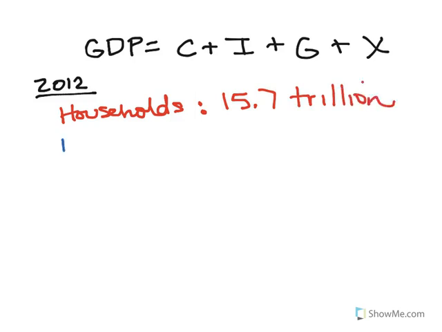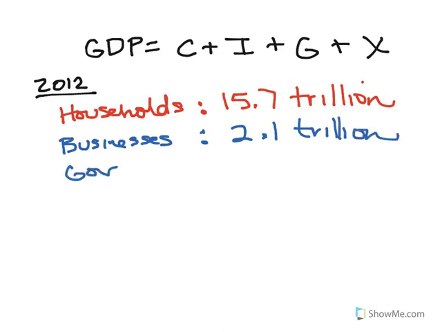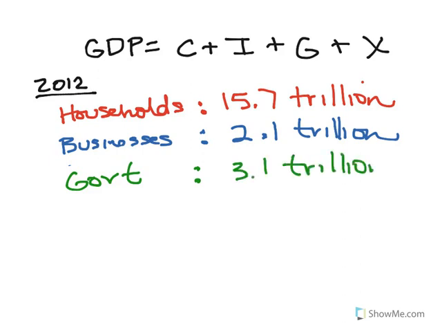Then we would look to see, well, how much did businesses spend? Businesses in 2012 spent approximately, if we round, about $2.1 trillion. If we look at how much the government spent, in 2012, the government spent about $3.1 trillion.